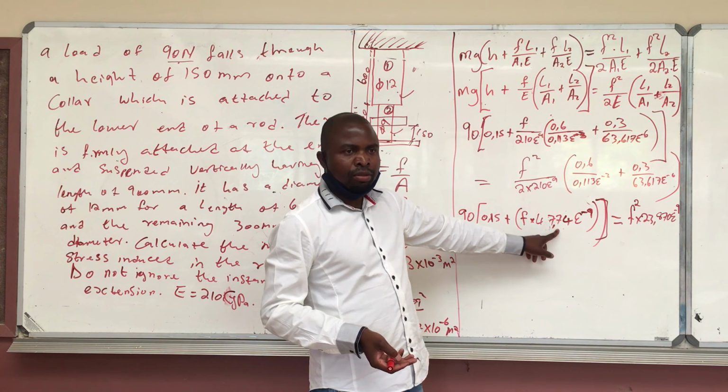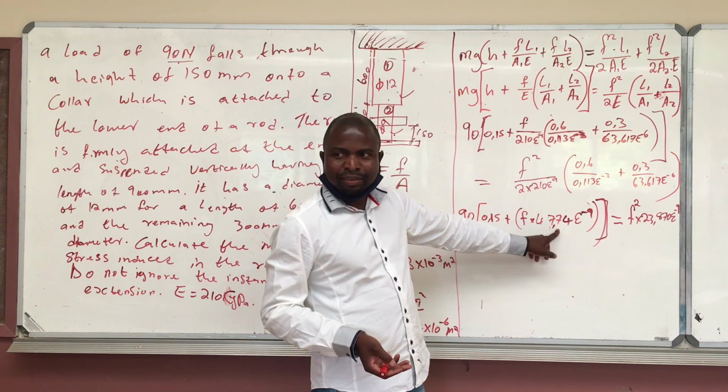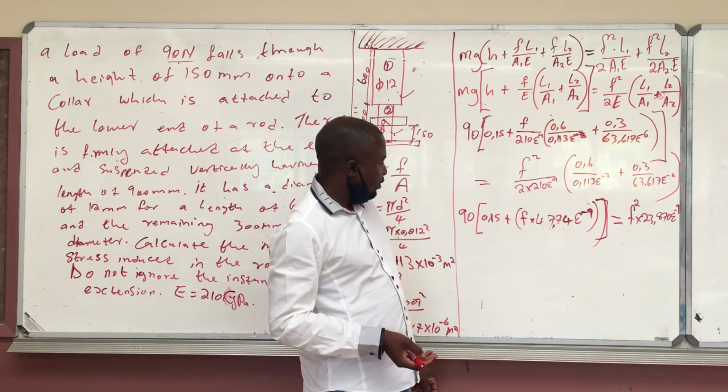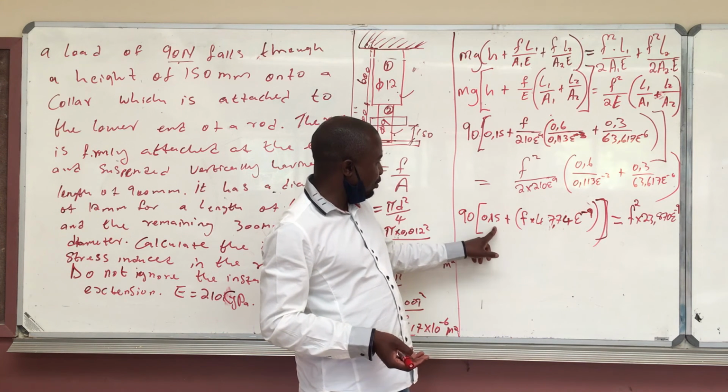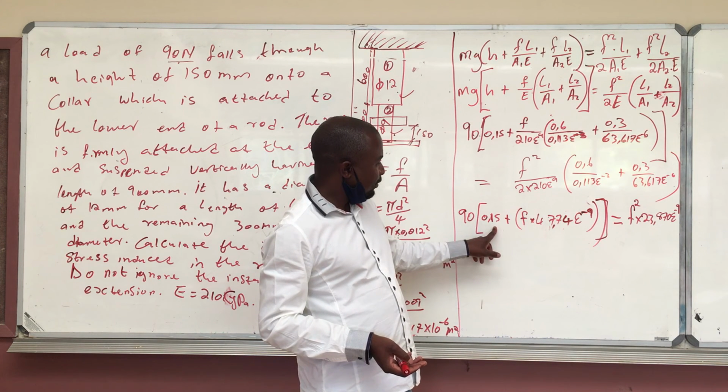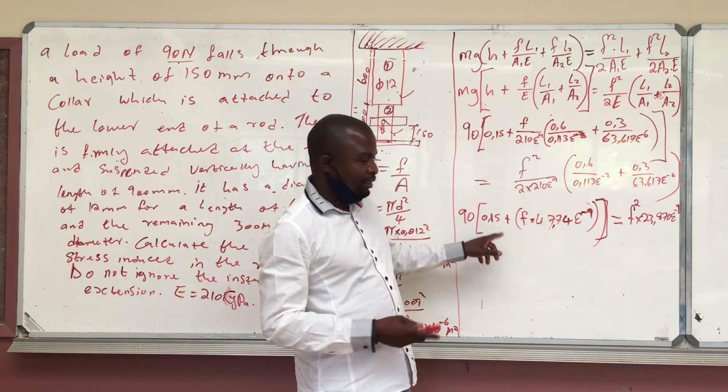So how do we do it? Let us use the quadratic. Let us multiply. We take this one and multiply with this one. We divide, okay.